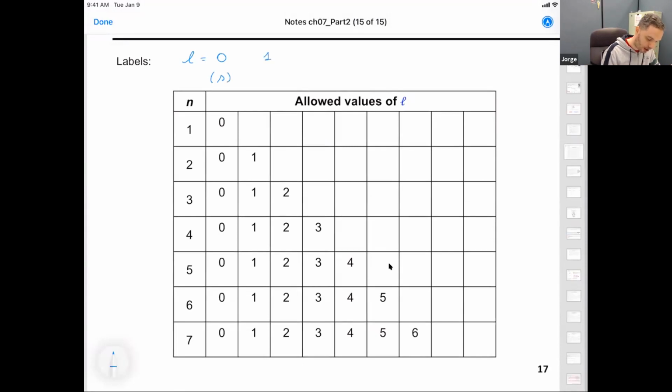For L equals 1, that's going to receive the name of p orbital. L equals 2 is the d orbital, and 3 is the f orbital. And after that, we follow the alphabetical order: f, g, h, i, and so on.